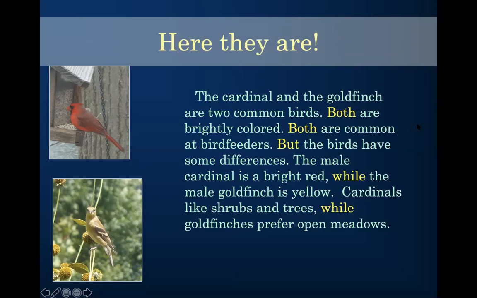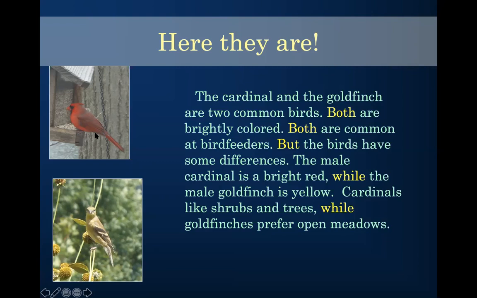Here they are. Both and both means they're the same. You'll see the word both a lot in compare and contrast. You might see the word similar or the word same. And then often when we're contrasting, but or while, those are common ones as well.